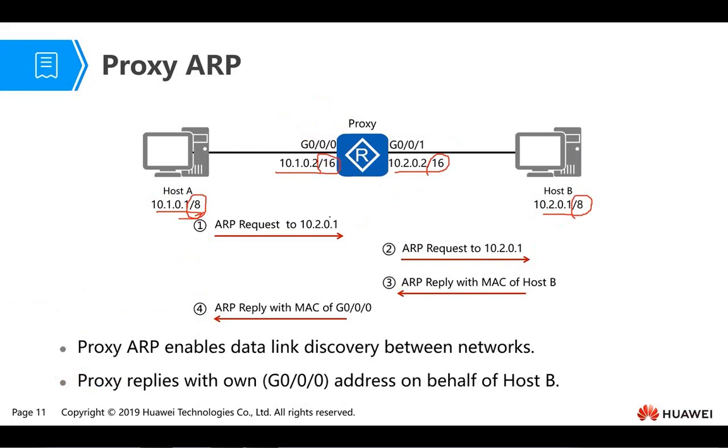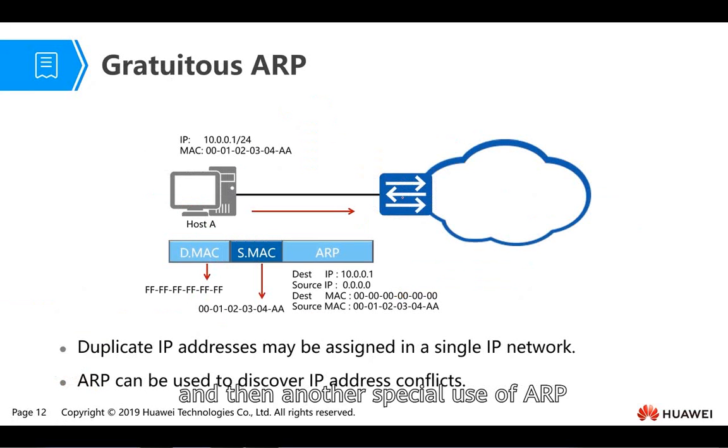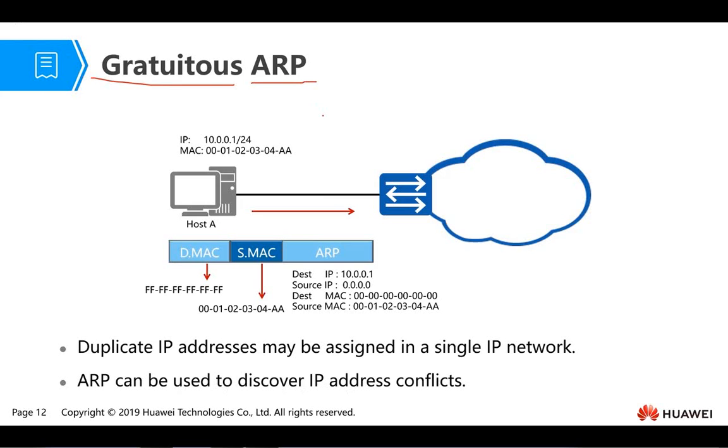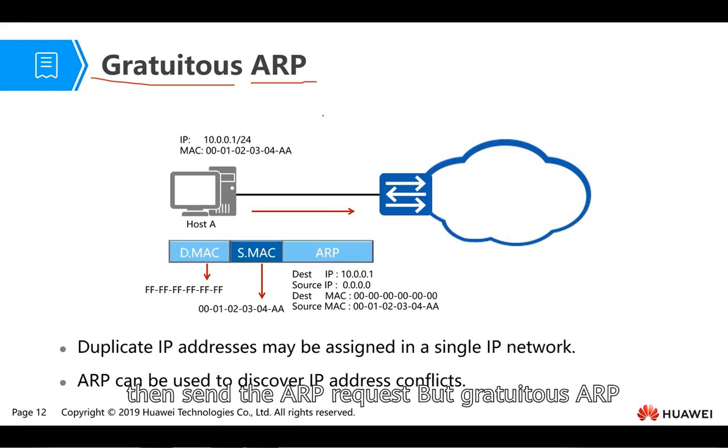And then another useful special ARP is gratuitous ARP. What is gratuitous ARP? In a common ARP, when a host wants to get the destination's MAC address, it sends an ARP request. But gratuitous ARP is different.